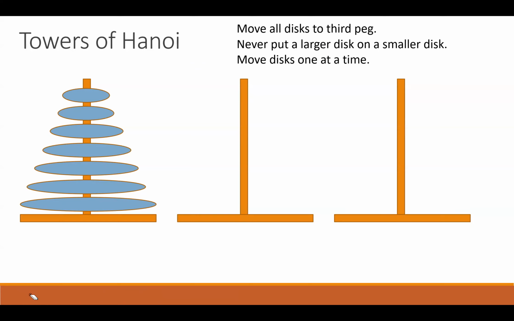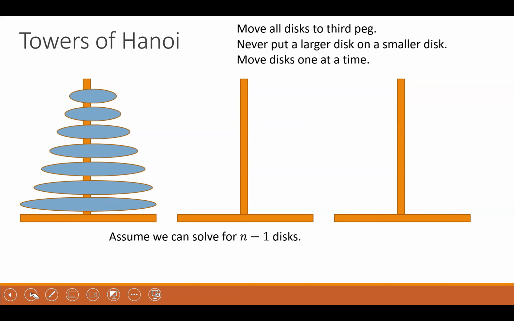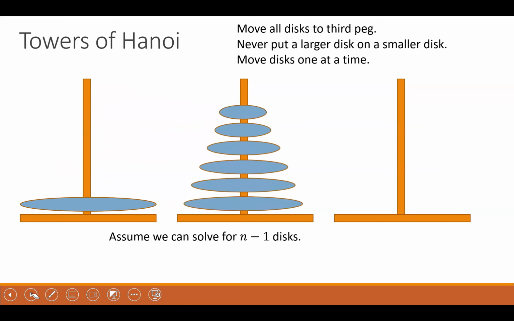If I think about what to do recursively, I can move all but the last disk to this peg. So I have a destination, I have a spare peg, and I have my source peg. Using the spare peg, I can move everything from source to destination, except for this last one. So I can solve a smaller version of the problem.